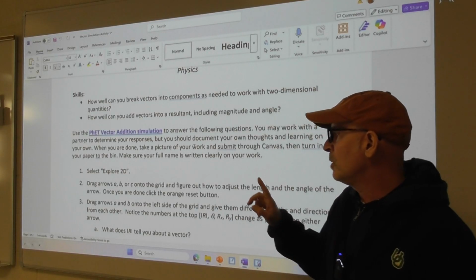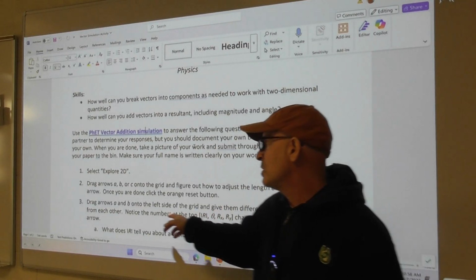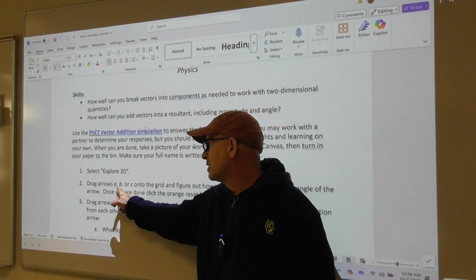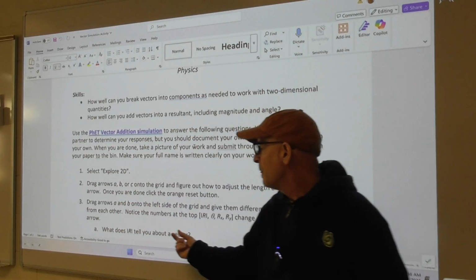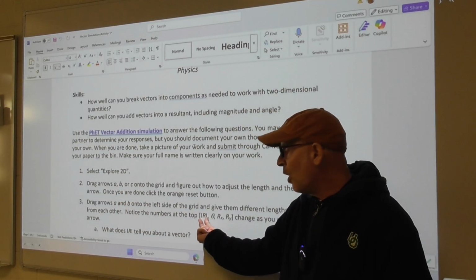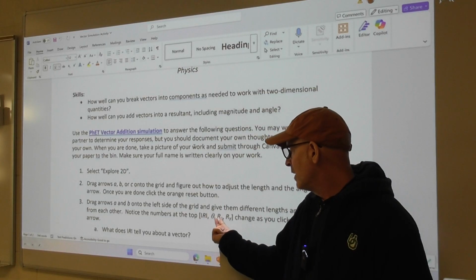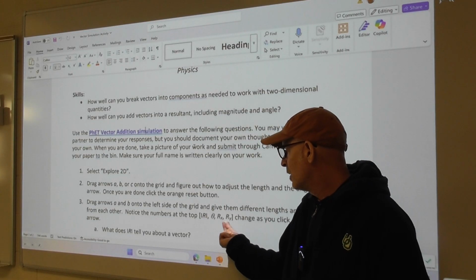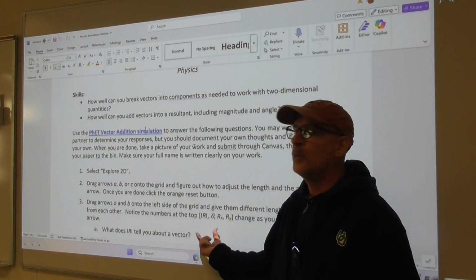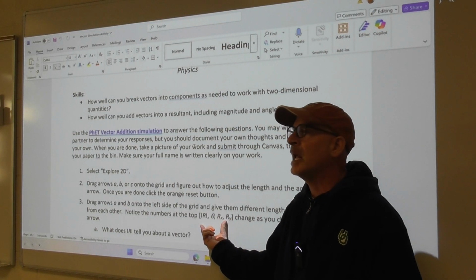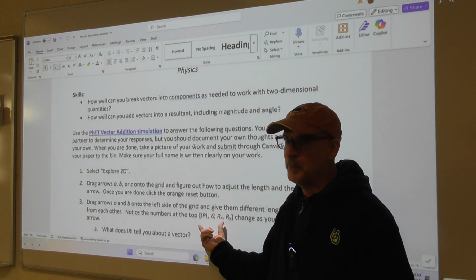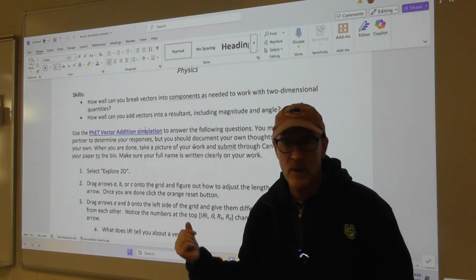So you're going to be working with three vectors. One is vector A, one is vector B, one is vector C. Instead of an R, you're going to see an A or a B or a C. So when I say R, I mean any one of those three vectors, either A or B or C or all three, all right?